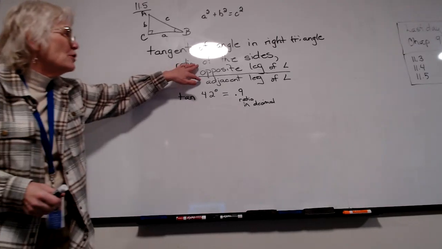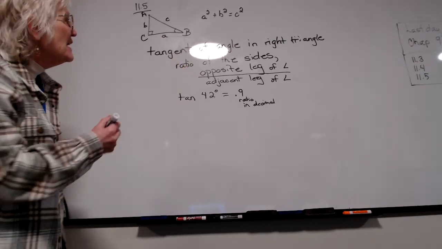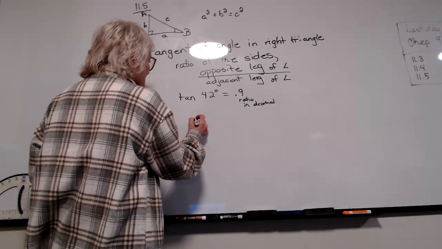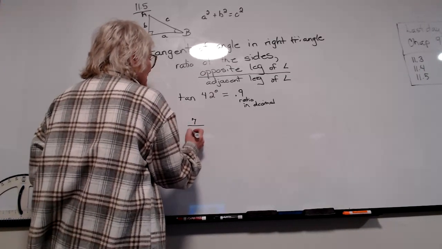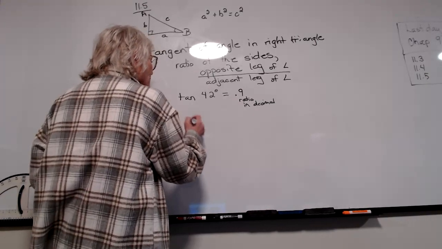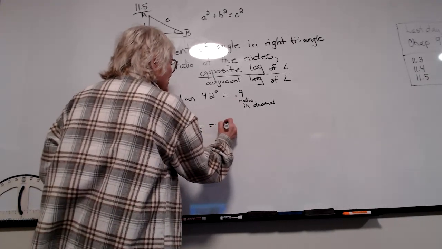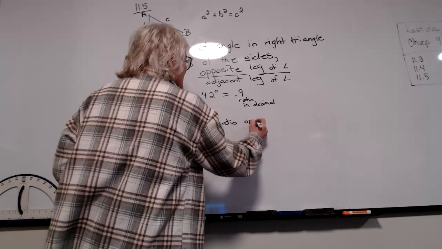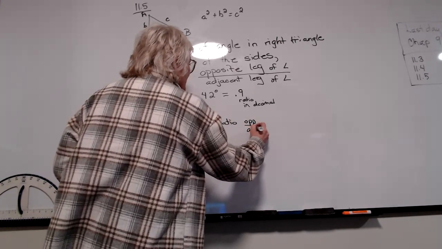You can then go backwards from this. If you know the opposite side, let's say it's 7 over the adjacent side, which is 15, then we have the ratio. So this is the ratio of the opposite over the adjacent.